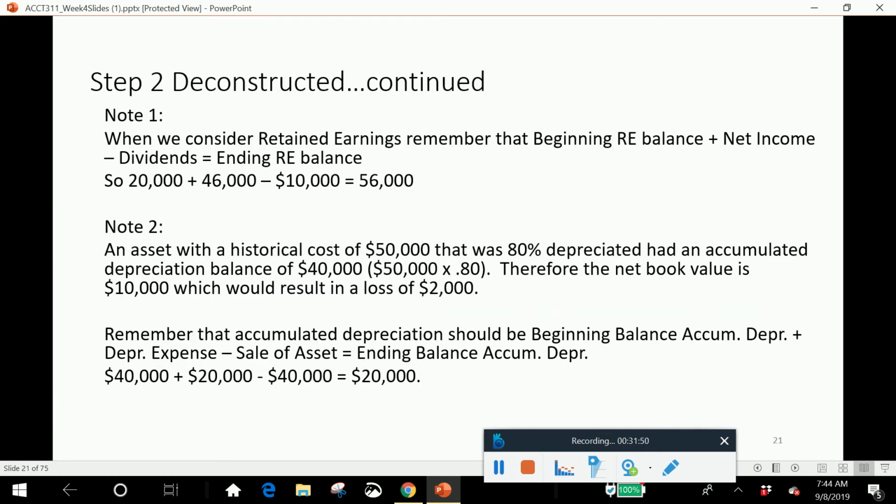We know we had $20,000 of depreciation expense for the year that was given to us in the problem. We know we took away $40,000 worth of accumulated depreciation resulting from the sold asset. That gives us an ending balance of $20,000, which is exactly what the balance was that we needed it to be. So we've reconciled that.